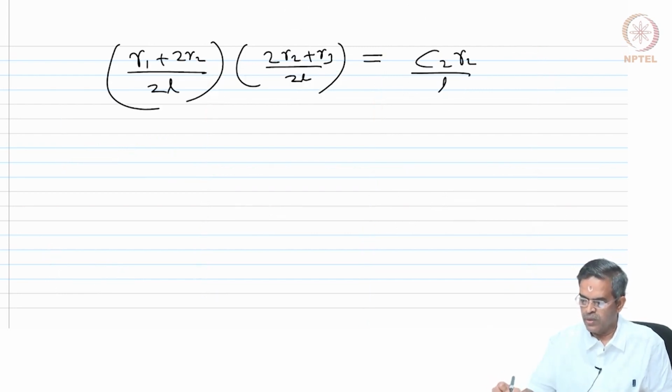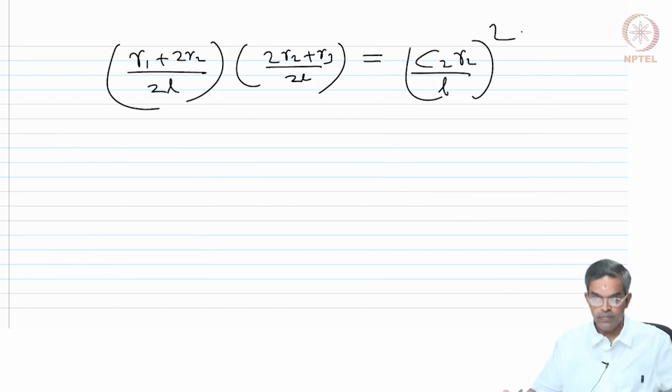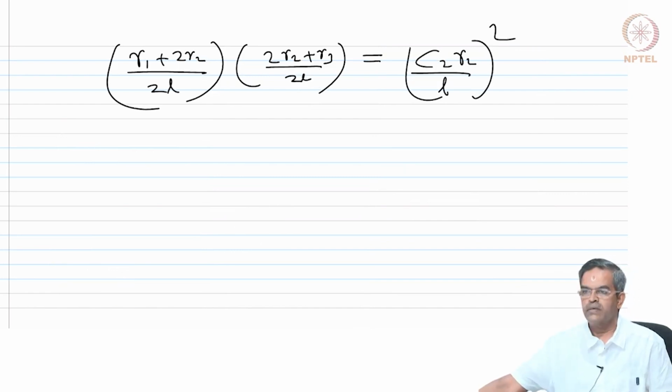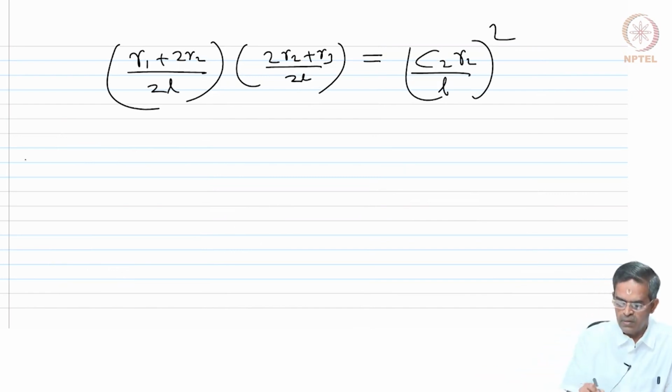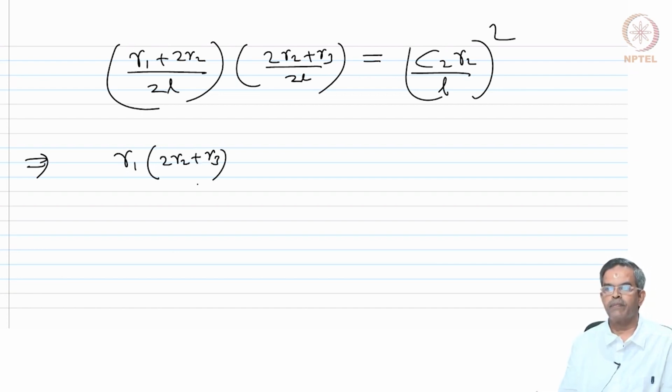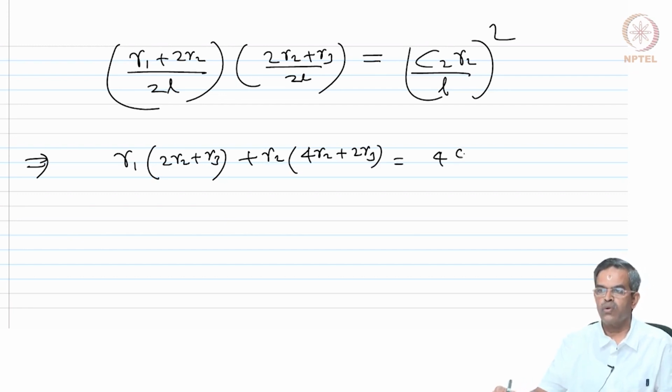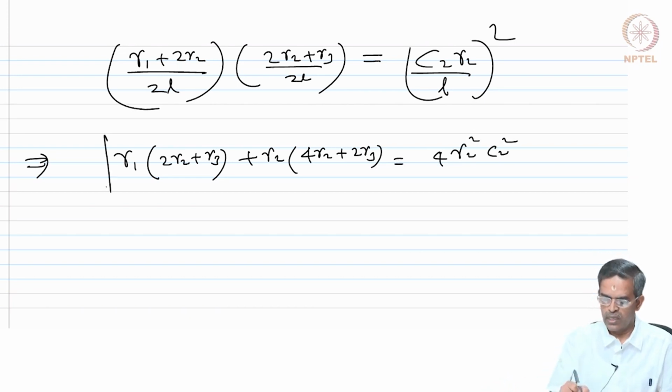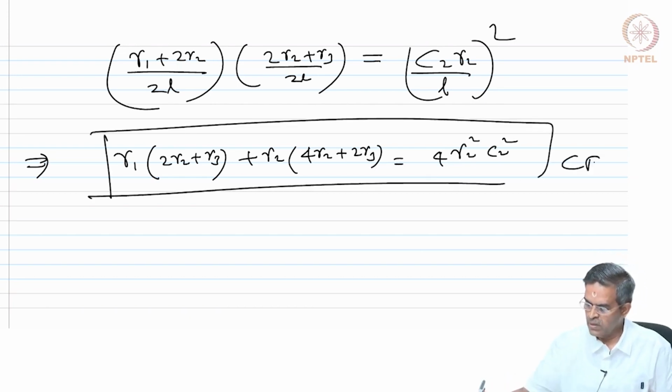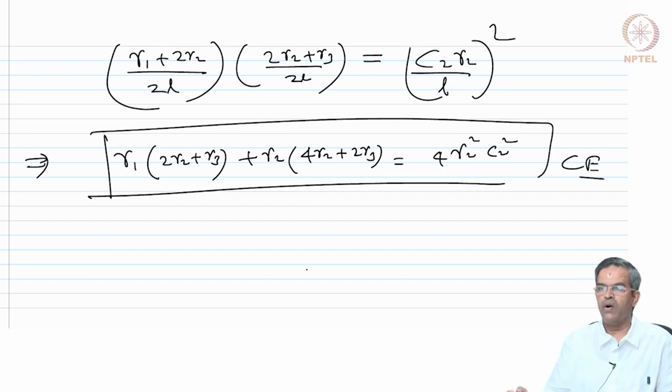So this gives rise to the characteristic equation, which will be R1 times of 2R2 plus R3 plus R2 times of 4R2 plus 2R3 should be equal to 4R2 square C2 square. That is my characteristic equation, which I will use in MATLAB now and do it.